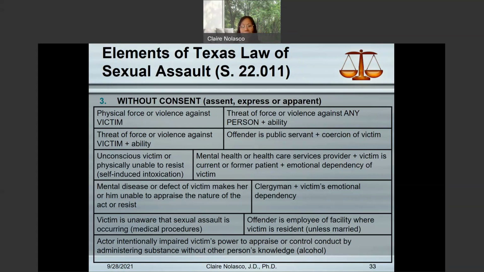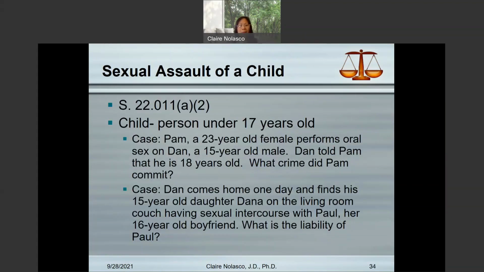Ninth, clergyman plus penitent, and the penitent or the victim has an emotional dependency on the priest or clergyman. Tenth, the offender is a facility where the victim is a resident, unless they're married.